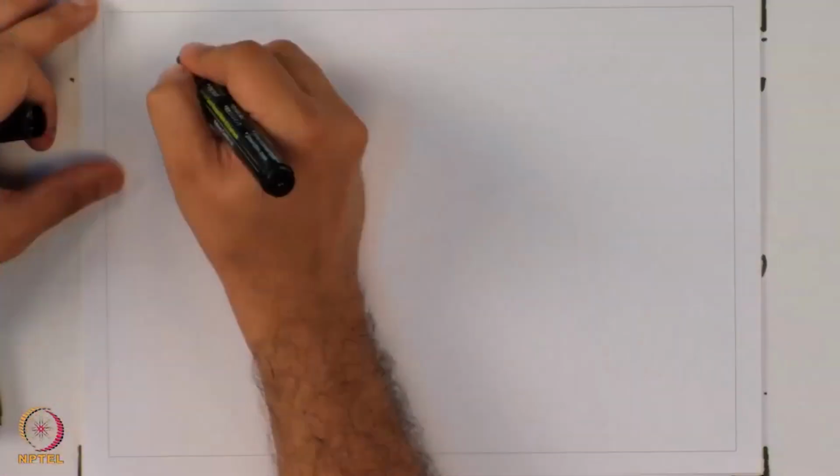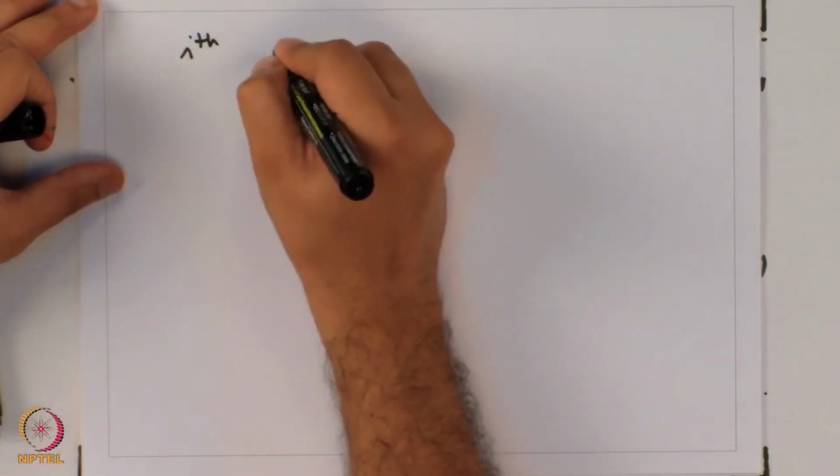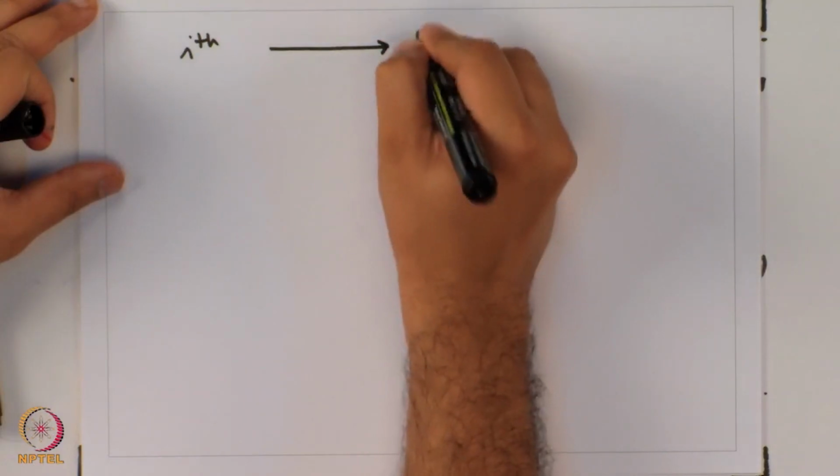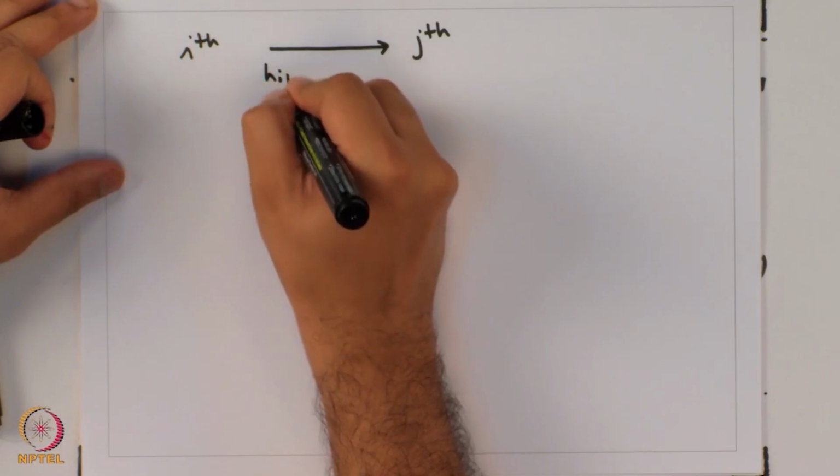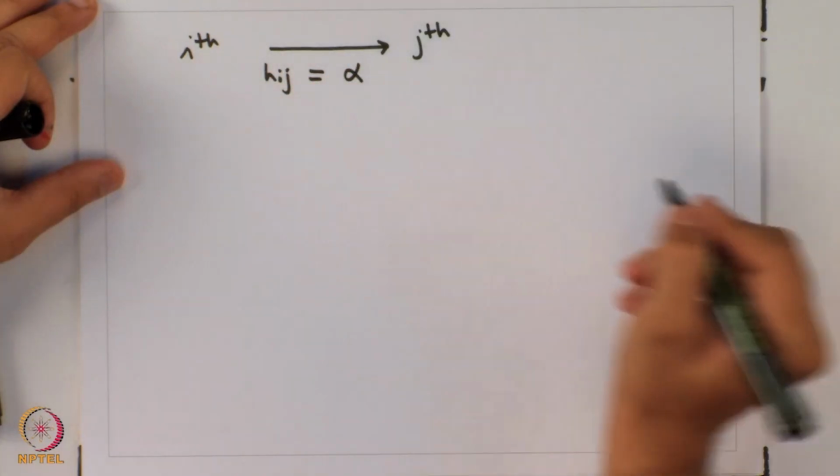So, we have the ith sequence replicating giving the jth sequence. The Hamming distance between these two is equal to alpha.